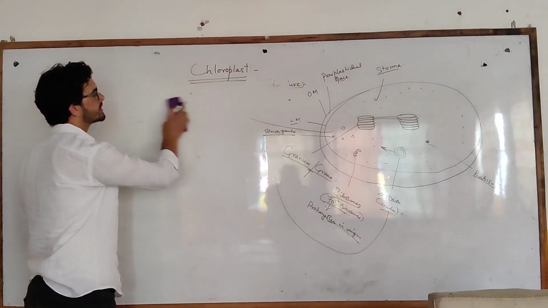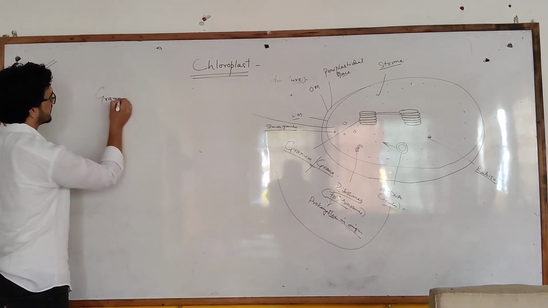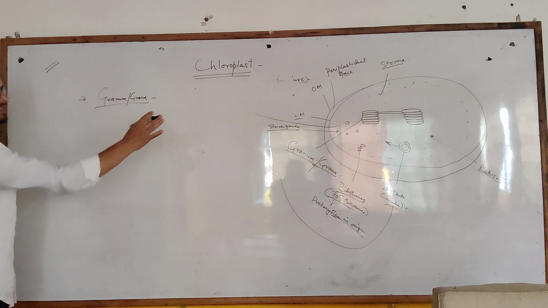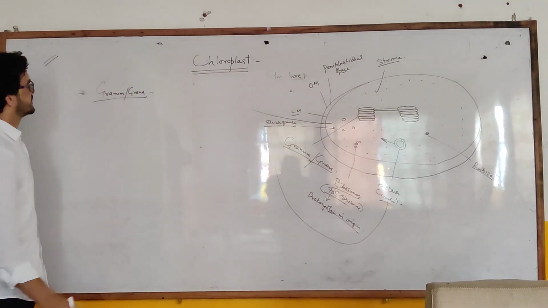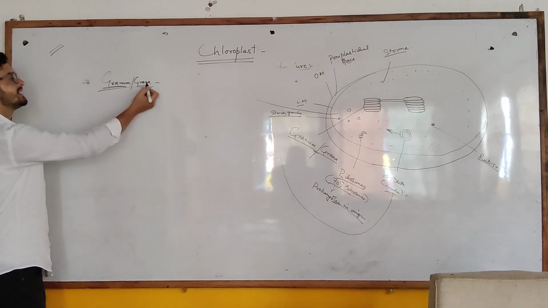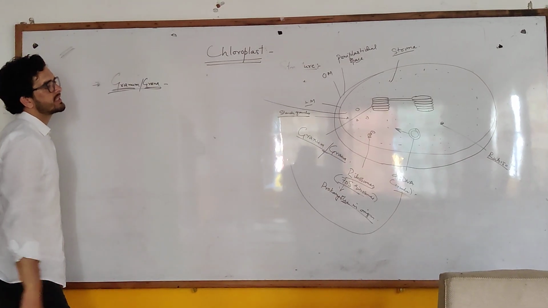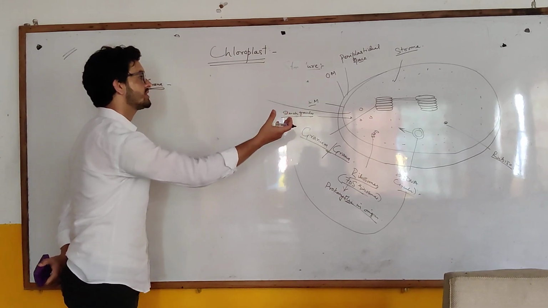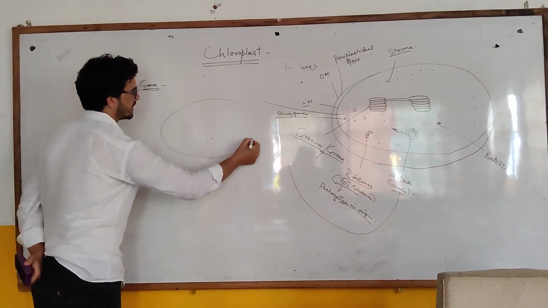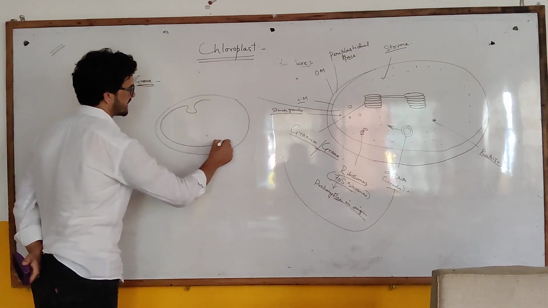Okay. So coming to the thylakoids, or I could say the grana. The last portion of this chloroplast, granum. When it is singular, we call it granum. When there are various, we call them grana. How does this grana or granum originate in the chloroplast? Simply, we could say that it is formed by the invagination of the inner membrane.